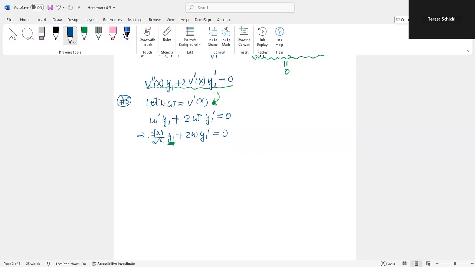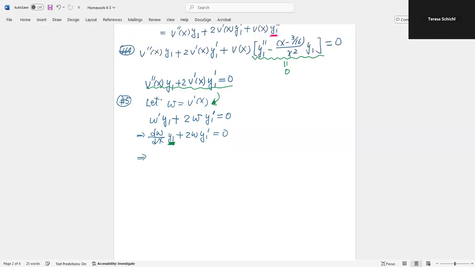As you can see, the algebra really becomes very tedious and you need to be very careful. So this is dw/dx plus 2, now here this is y1 prime over y1, times w equal to 0 here.